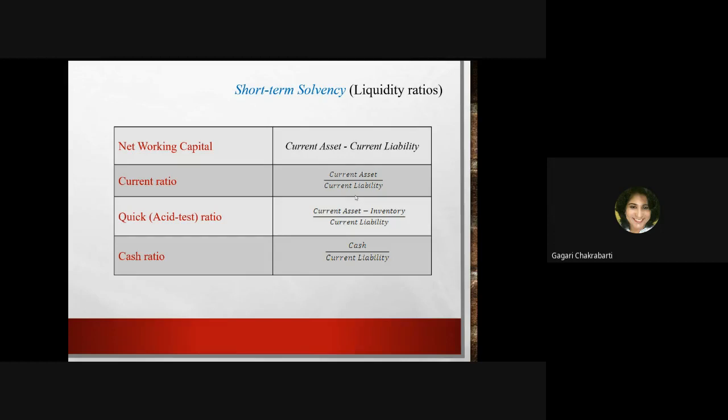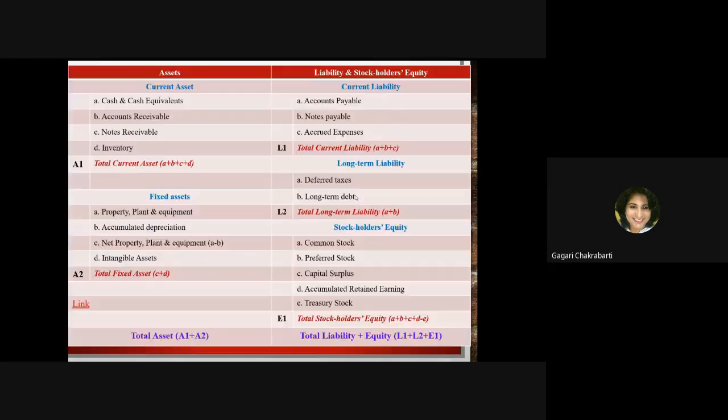But there are certain problems, because I'm just going back to the definition of current asset. Here lies one important thing, which is inventory. Some firms may not have inventory, or by nature, they cannot have inventory.